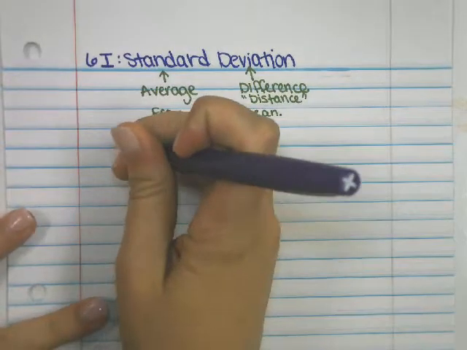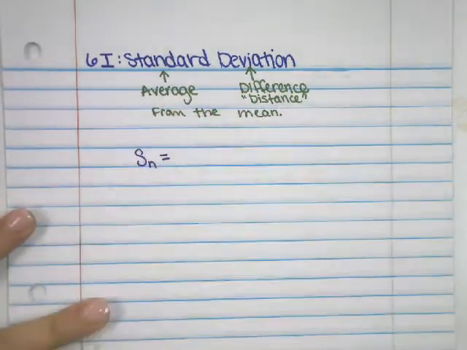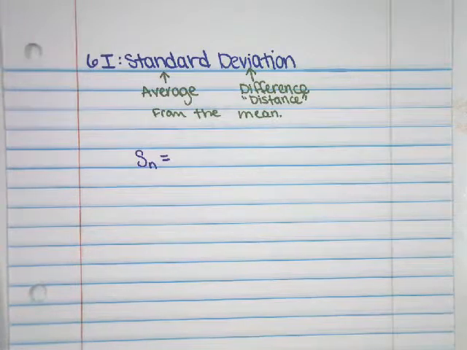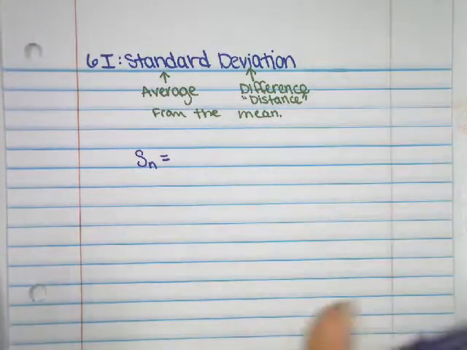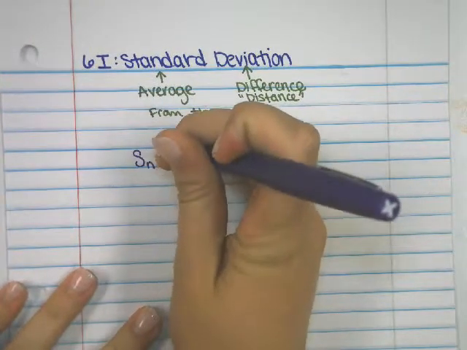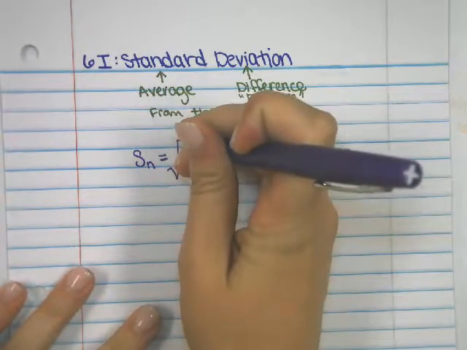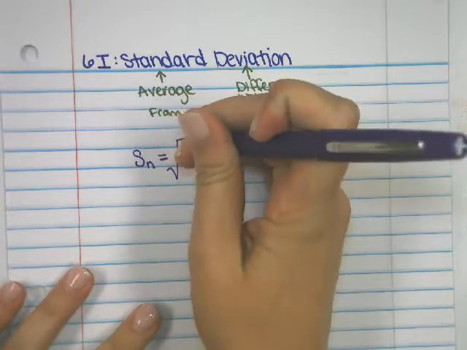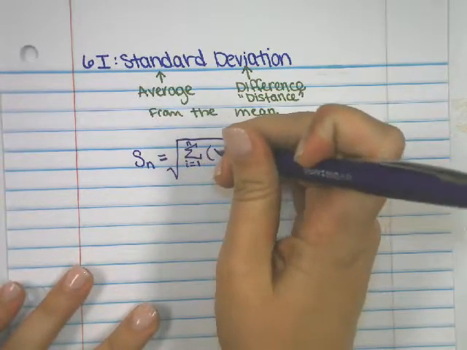The way this is calculated, S sub n, standard deviation, is the square root. This is just some fancy notation. I'll explain it in just a second.